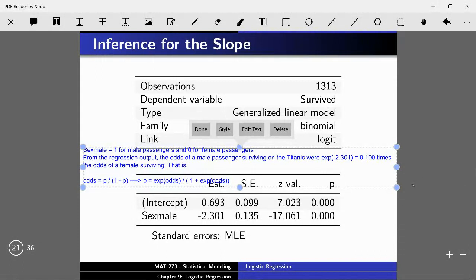So if we wanted the probabilities, the ratio of the probabilities of survival, what we need to do is think about, it's easiest to think about what's the probability of survival for a female, and then what's the probability of survival for a male. So, okay, let's see.